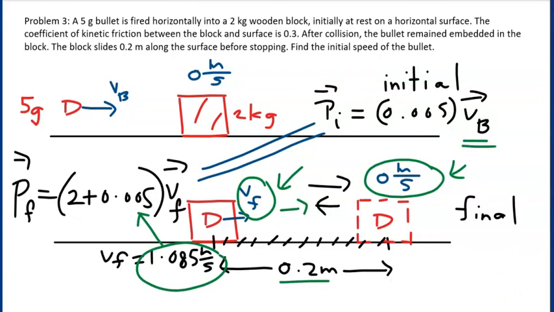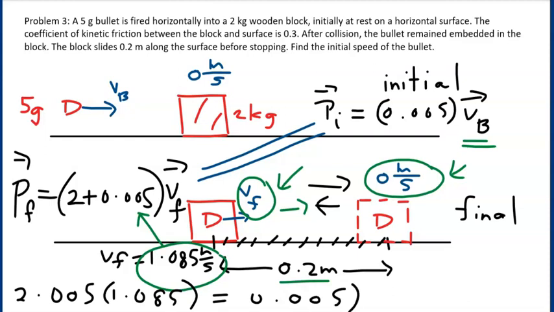Substituting this result in the conservation of momentum, we can solve for the initial speed of the bullet. So let's equate the momentum, initial and after. Final momentum is 2.005 times the final speed 1.085, equals the initial momentum, which is 0.005, that's the mass of the bullet, times the speed of the bullet.